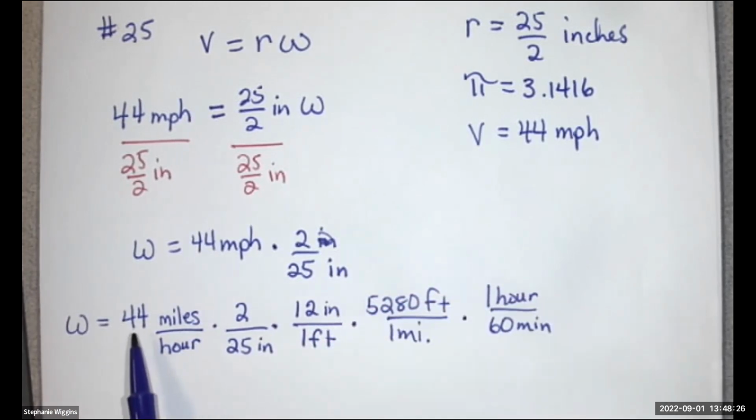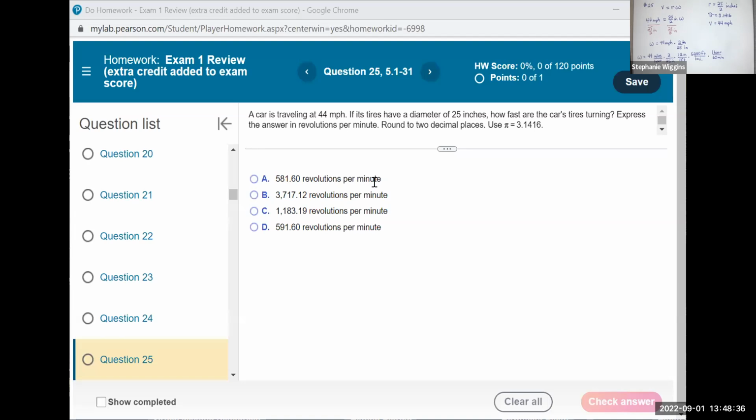So it looks like we have everything, but the final answer, if you look in the original problem, if you check out the answers, it's in revolutions per minute. So we need to get our units in revolutions. And that's where the 2 pi comes into play here.